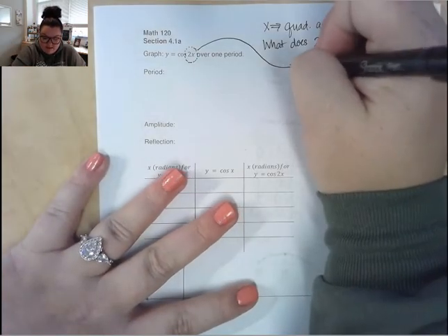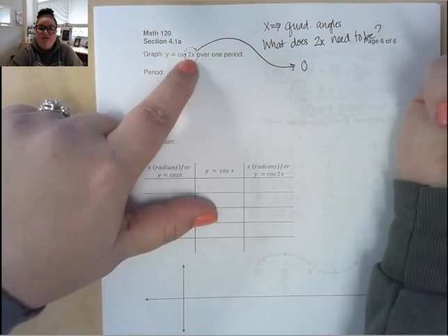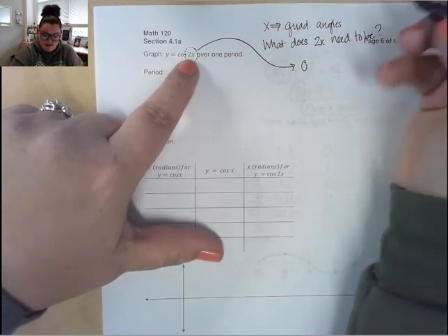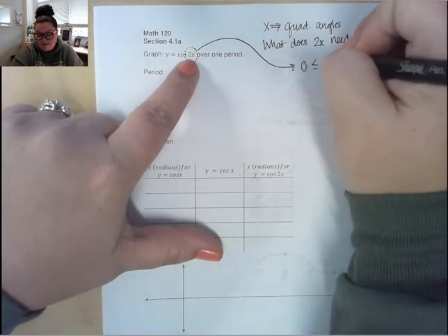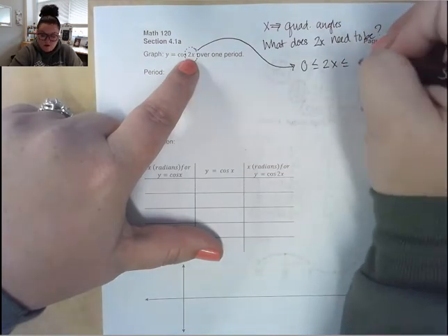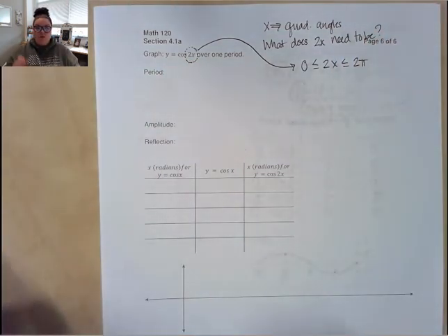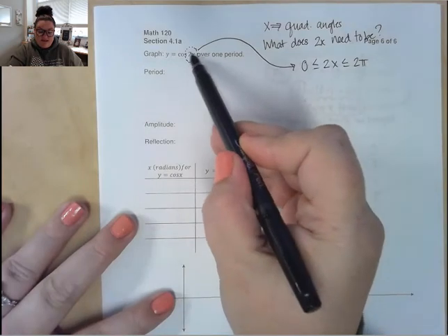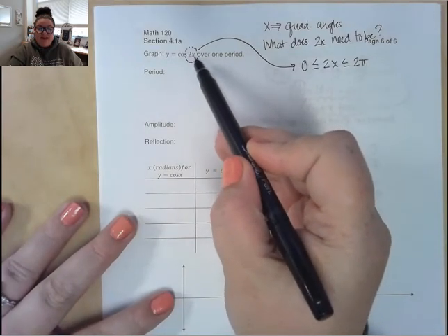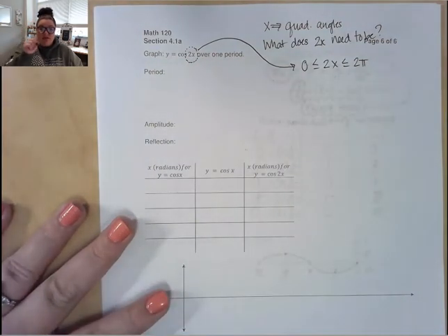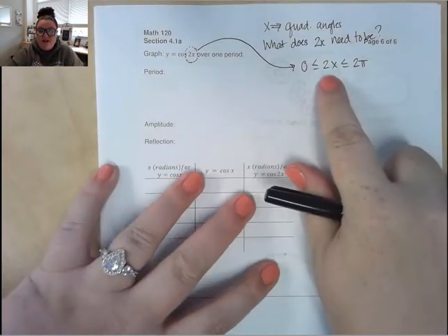So I'm going to say this 2x, or whatever's inside this cosine, has to be between 0 and 2 pi. Okay, because I want to make sure that when I plug my x values in, whatever they happen to be, once they get plugged in and simplified in here, they end up being those nice quadrantal angles. Okay, so now I just have to solve this.